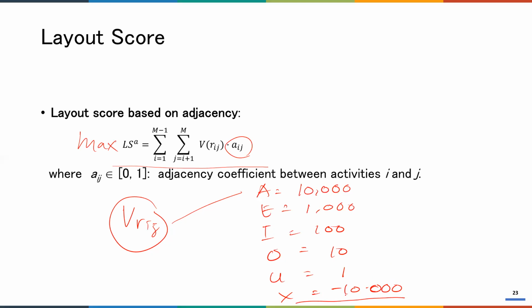So I give it a really small value. And on the contrary, I give a really big value for the absolutely important. So to ensure that this A rating between departments, for example X and Y, are adjacent to each other, something like that. So this is how we do this.